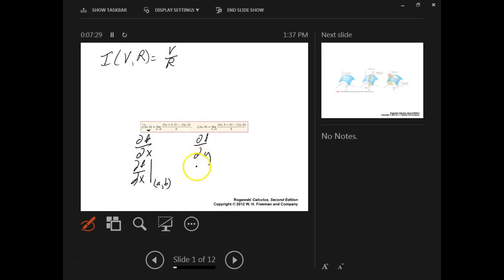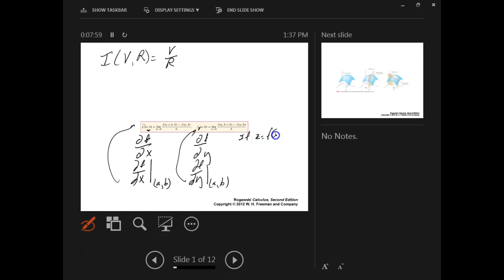And then the partial of f with respect to y, that's the f sub y part, evaluated at a, b. Okay. And this would mean the same as that.